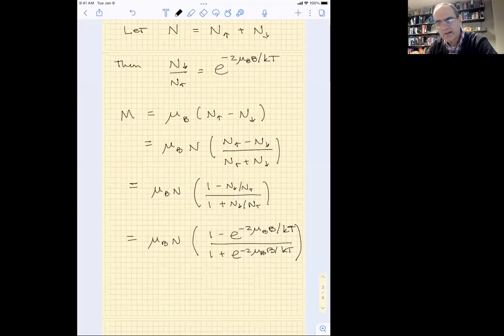Well, this is our result, but it's kind of hard to look at at the moment. We can rewrite this and make it a little more compact and easy to understand. Here's what we're going to do. We're going to factor out a factor of e to the minus mu B over kT from the numerator and from the denominator.